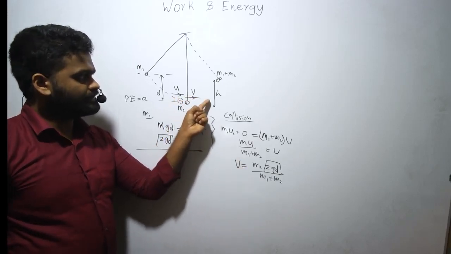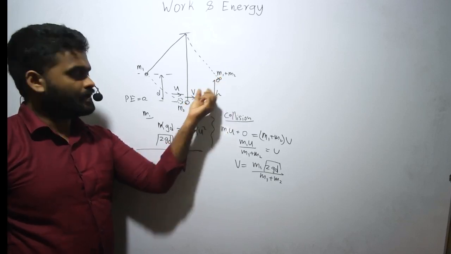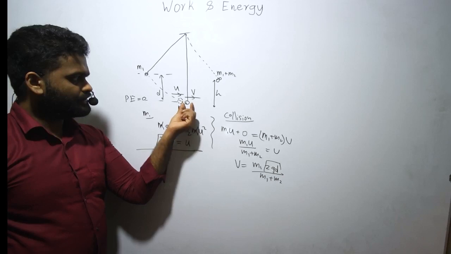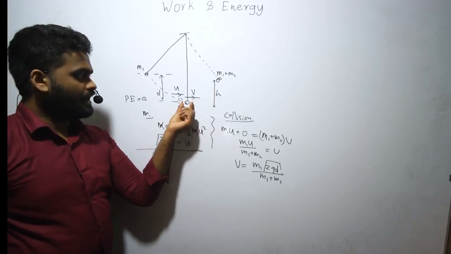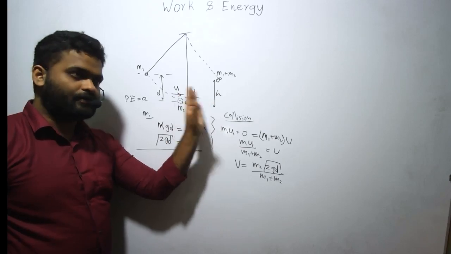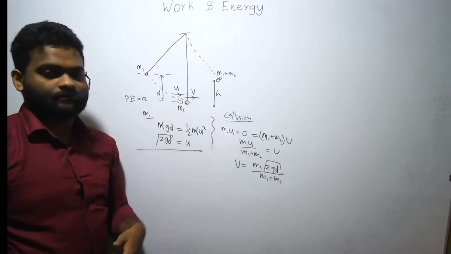Then we have to find the maximum height it reaches. For that, you just have to apply energy conservation again, after the collision. After the collision, there's no energy loss, so the energy here is equal to the energy here.